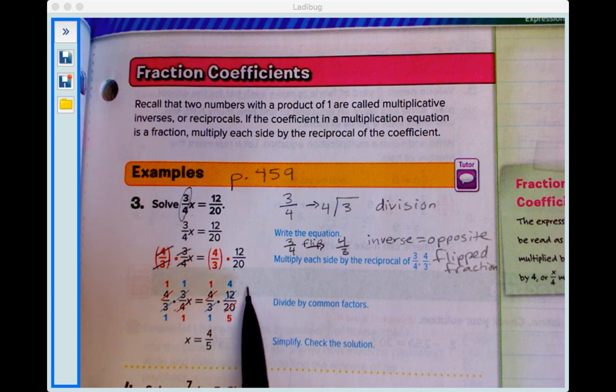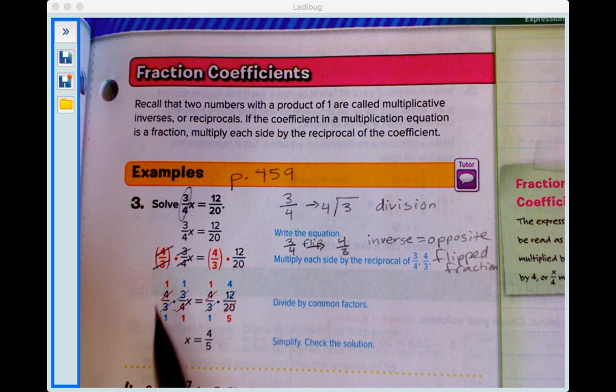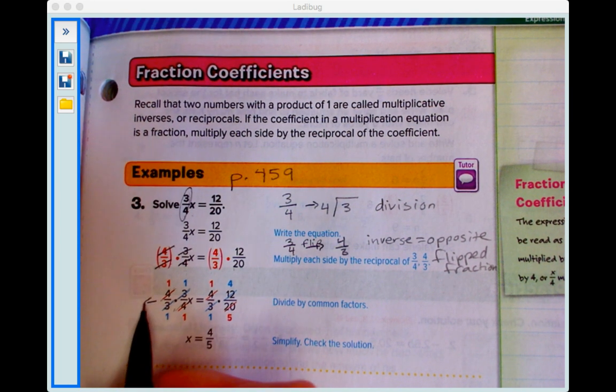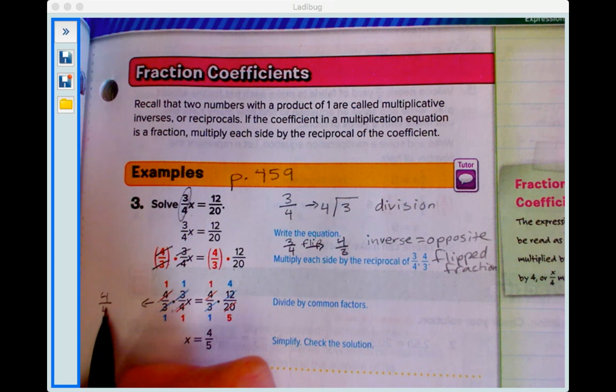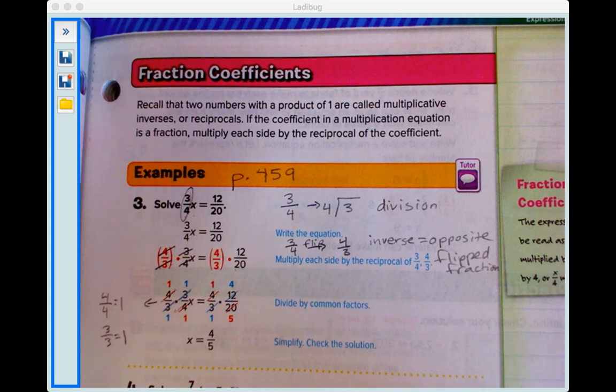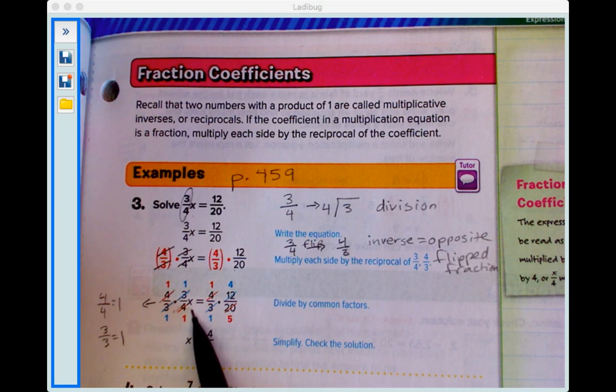No. But now you can multiply them. So these are crossed off, which turns them into 1s, because 4 over 4 is 1, and 3 over 3 is 1. That is why those are crossed off. 1 divided by 1 is 1.